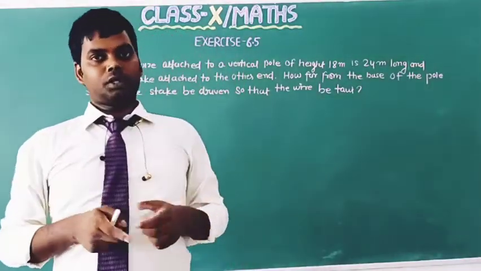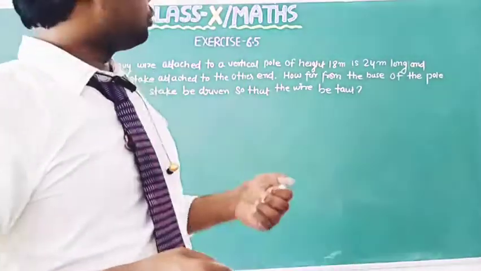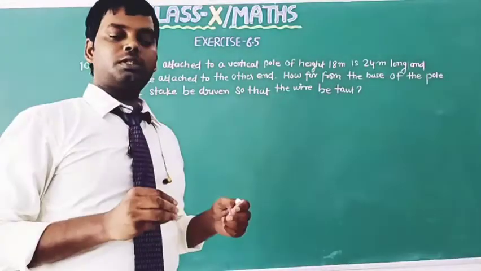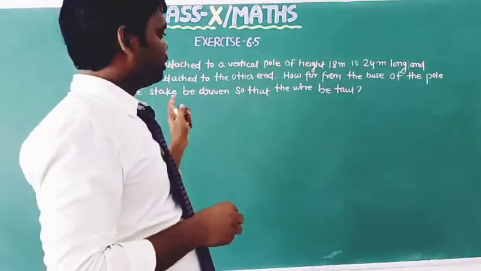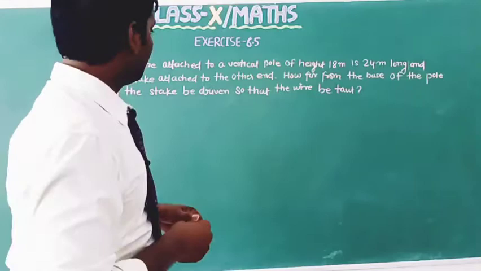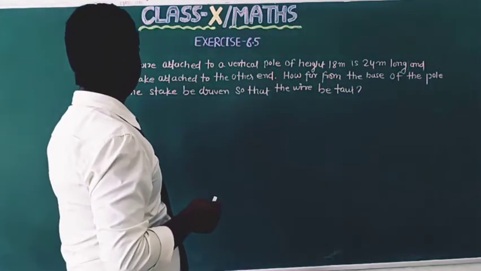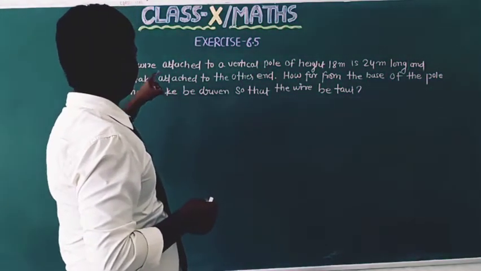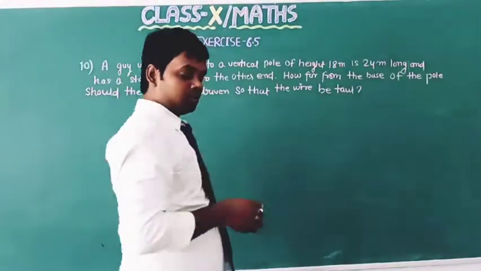To solve this question, first let us draw the figure. We have given a guy wire attached to the vertical pole.